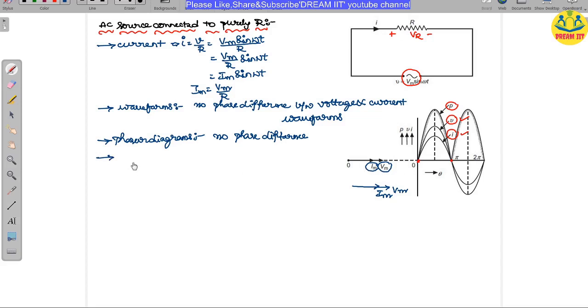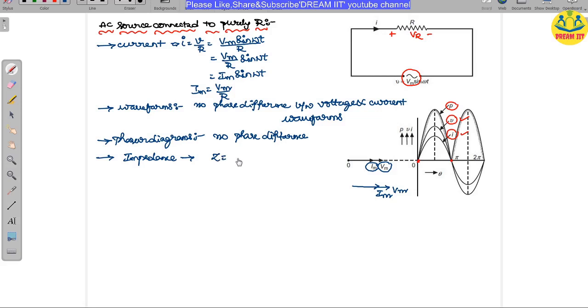Next, the impedance: you may have a doubt about what impedance means here. Impedance is used for representing passive elements in AC circuits. I can define it another way also: it is the resistance offered by the circuit to the flow of an AC current.